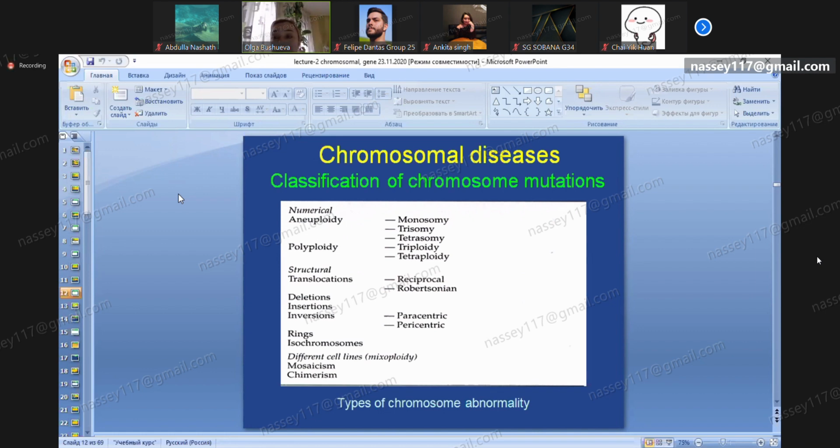In this group of patients, we can find cells with a normal karyotype, with the presence of 46 chromosomes, and cells with an abnormal karyotype like trisomy or monosomy.